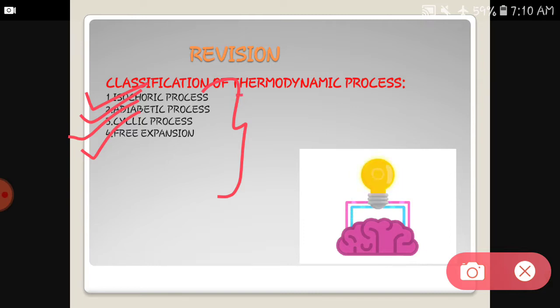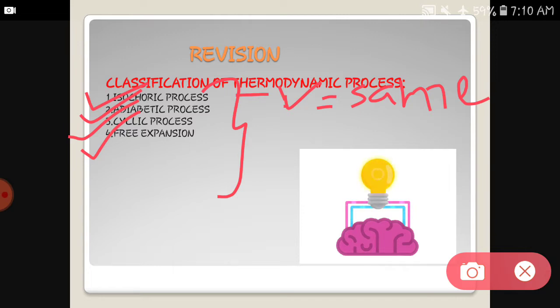So what was the isochoric process? Isochoric is the process in which volume always remains the same, that means delta V is equal to 0.